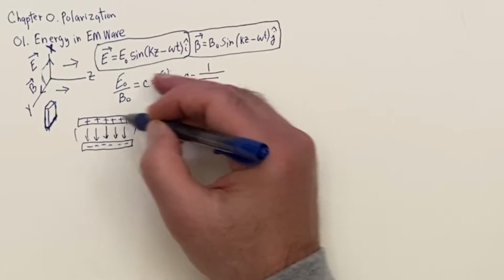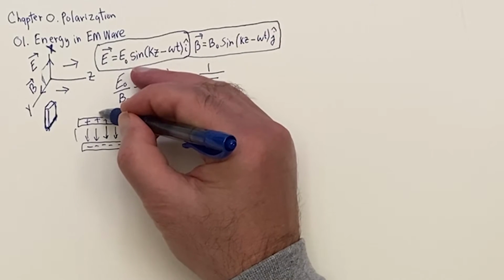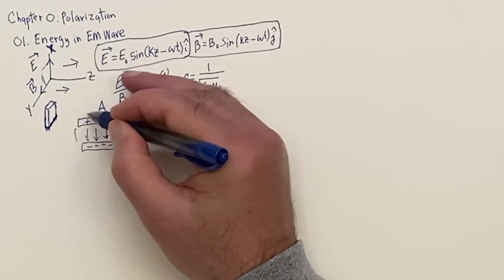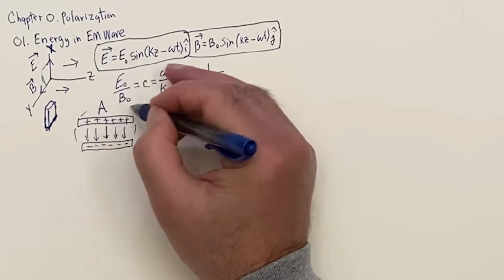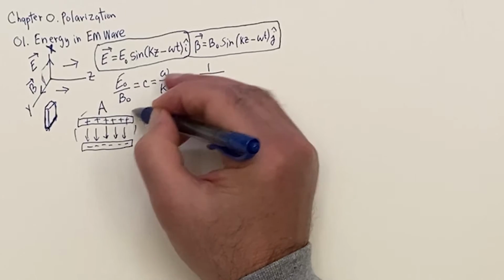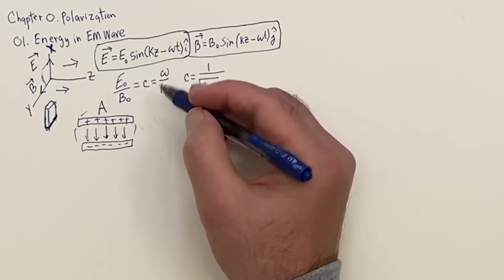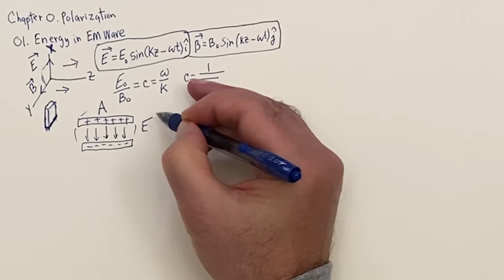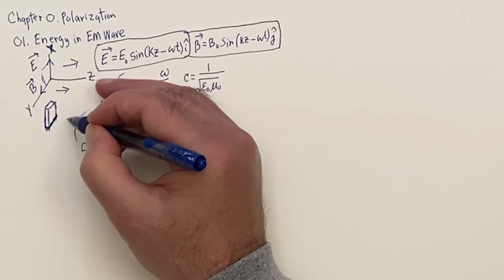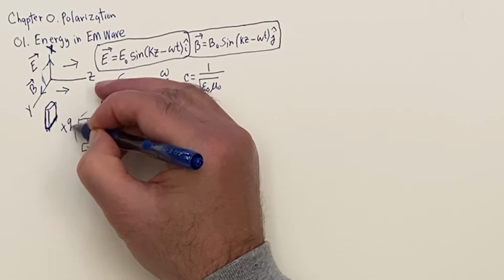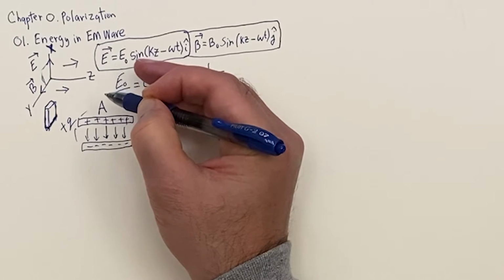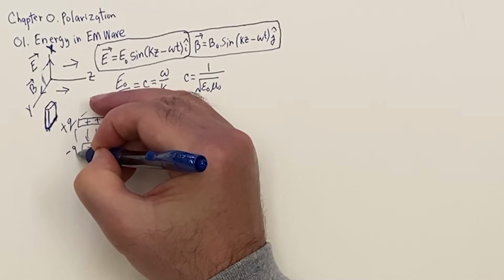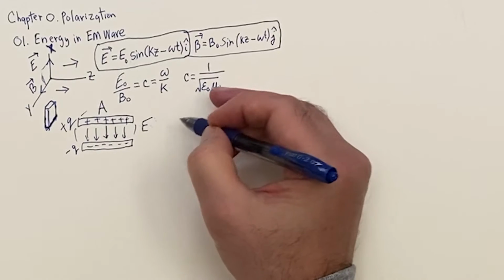So here we would have an area. You can imagine the charges all over that top surface. And here we'll have an electric field. Let's go with having plus Q up here and a minus Q down at the bottom.